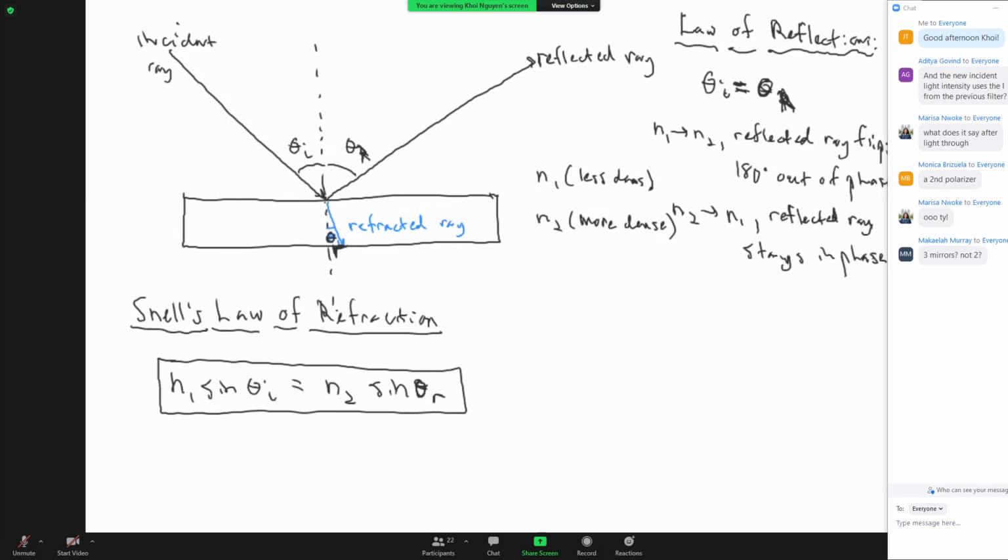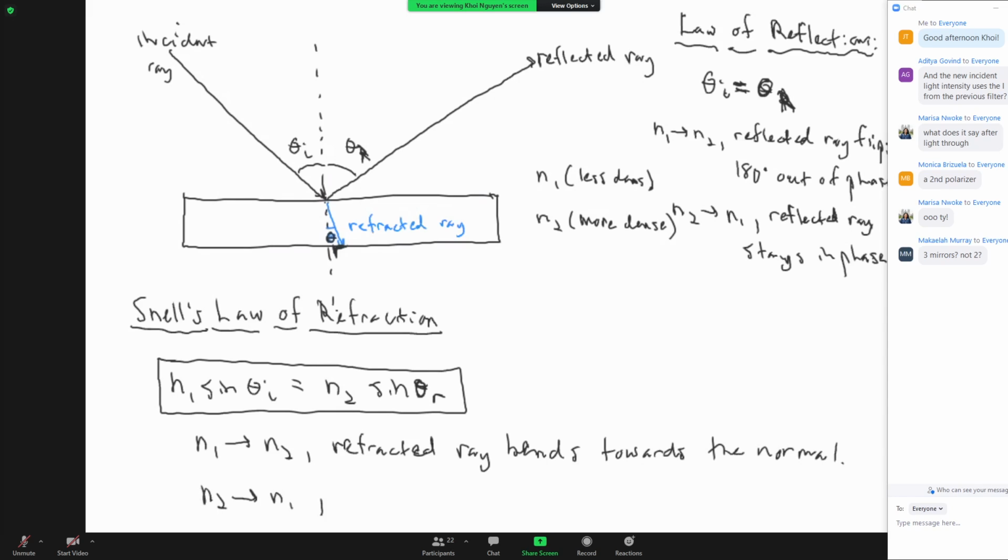What we need to know is if we're going from a less dense medium to a more dense medium, the refracted ray, which we see here, bends towards the normal. And if we're going from more dense to less dense, the refracted ray bends away from the normal.